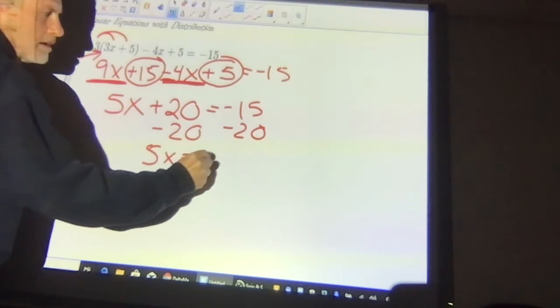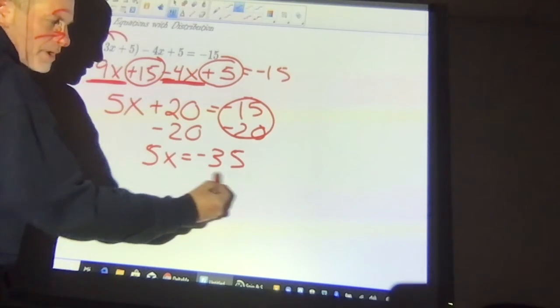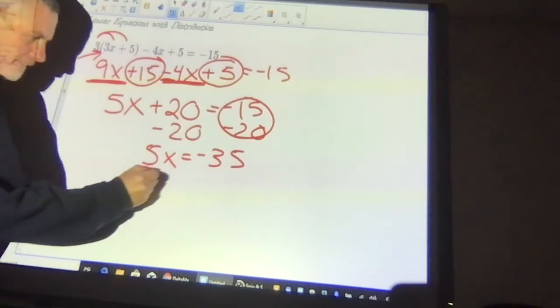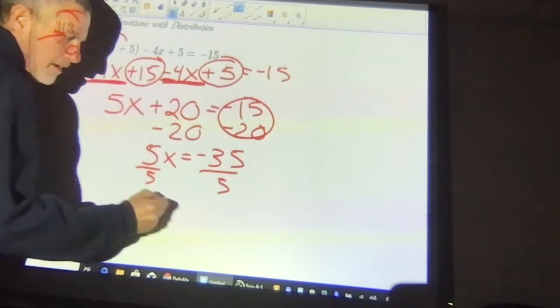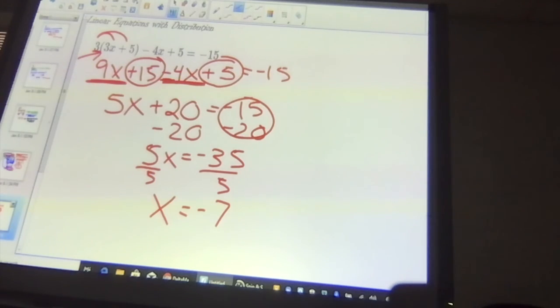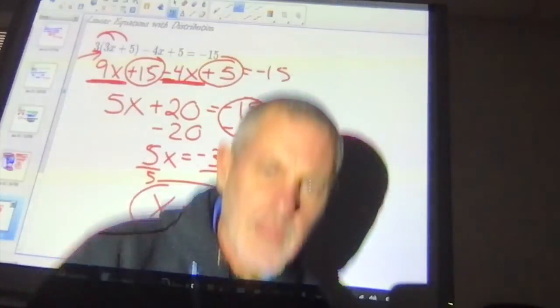Correct amount for my negative 15 minus 20. Make sure you get that right. Divide by 5. Positive or negative divided by positive is negative. And I promise if I ran the check, that would be right as well.